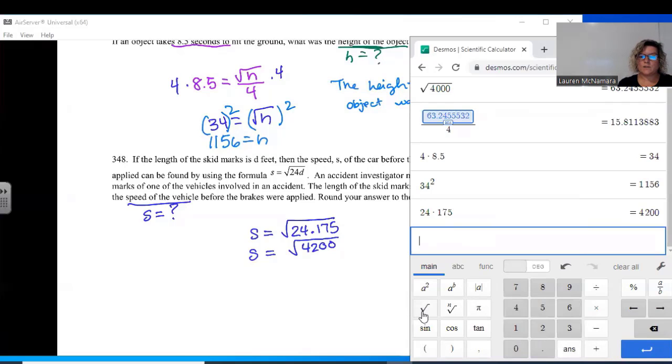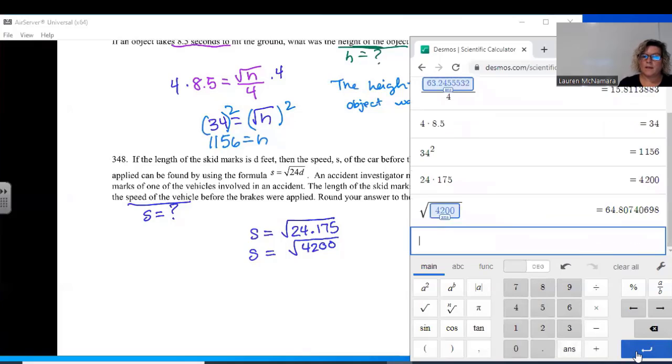Then I want to take the square root of that answer. And I get S is approximately, rounding my answer to the nearest tenth, 64.8 is my speed.